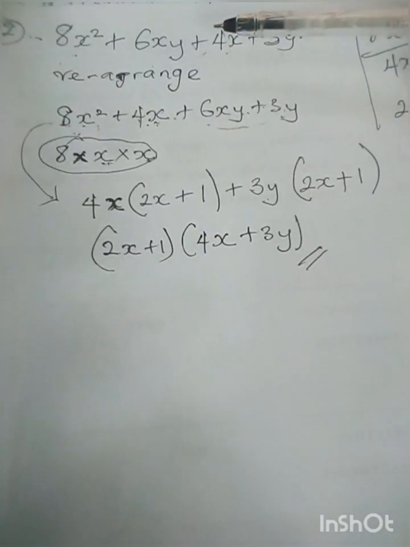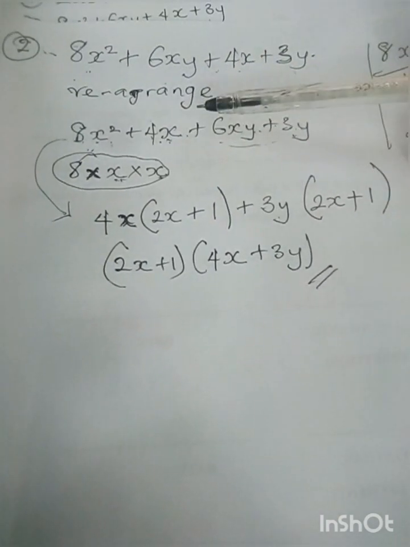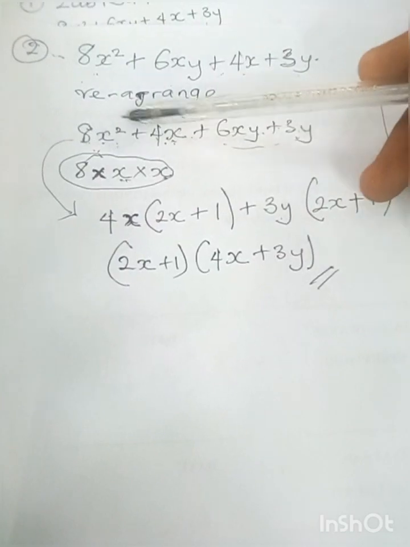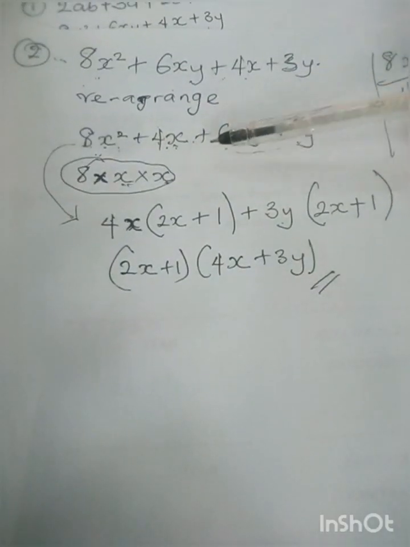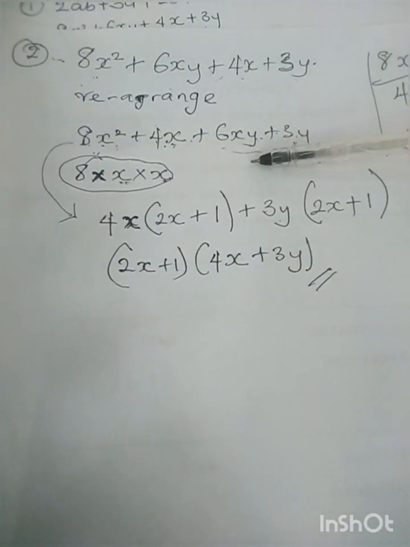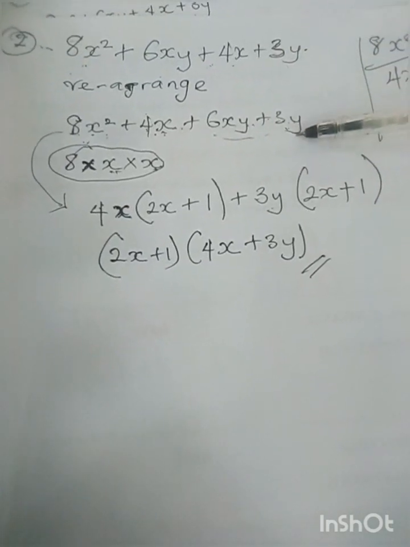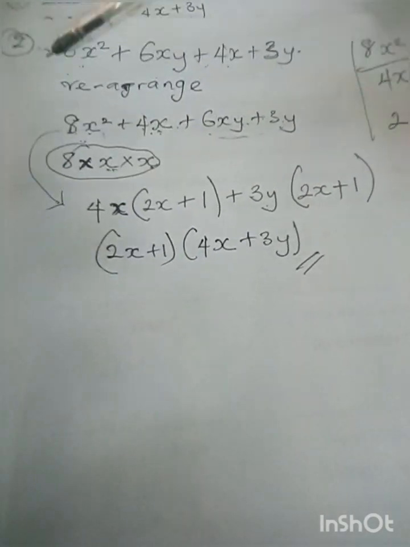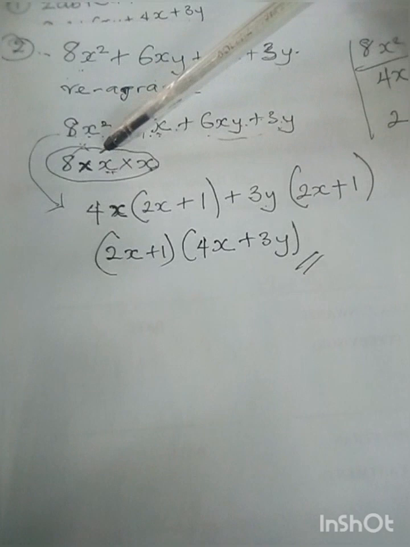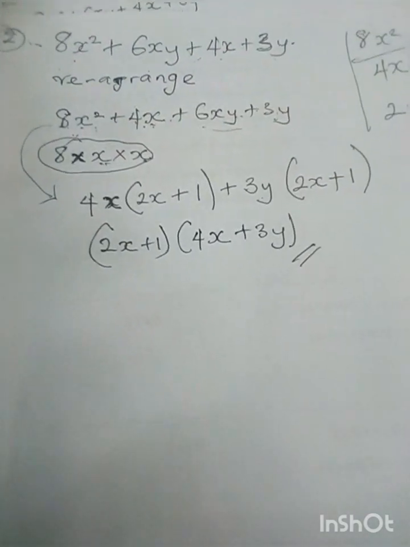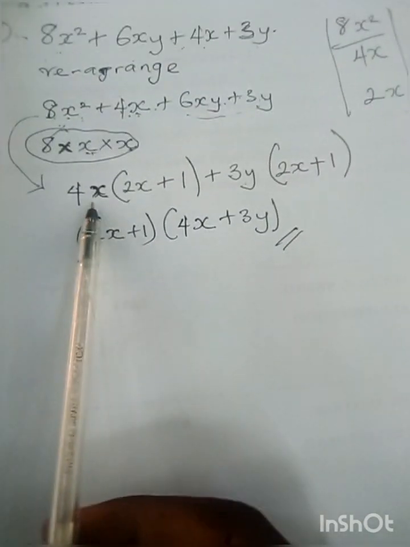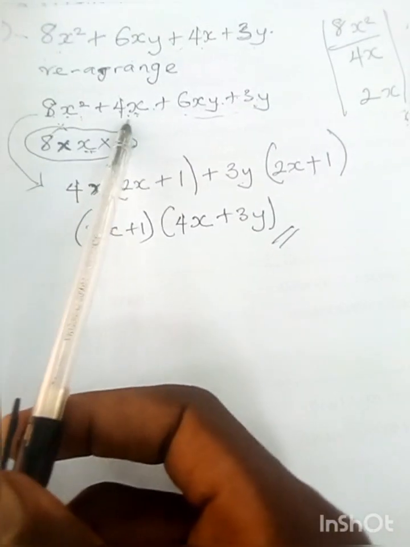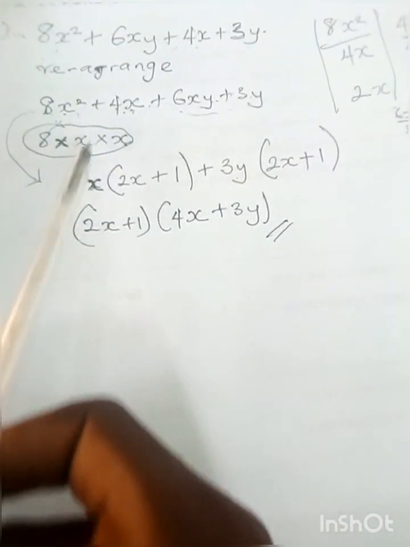Let's go. We arrange, like I said. After you arrange, bring out the 8x squared plus 4x plus 6xy plus 3y. Now I said 8x squared means 8 times x times x. So you will now have 4x as a factor.